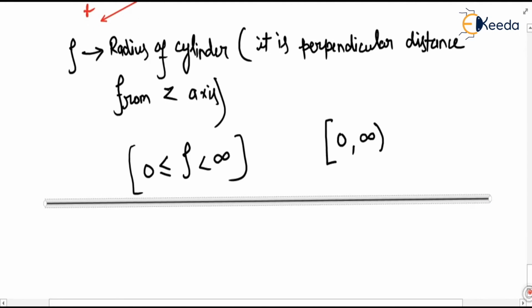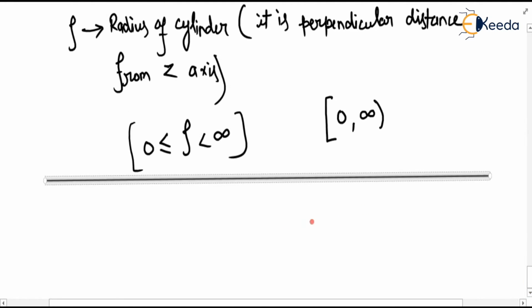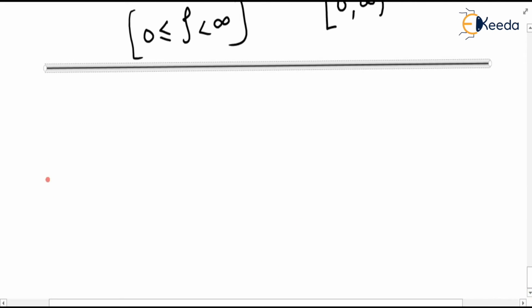Now we talk about phi. Phi is called the azimuthal angle.